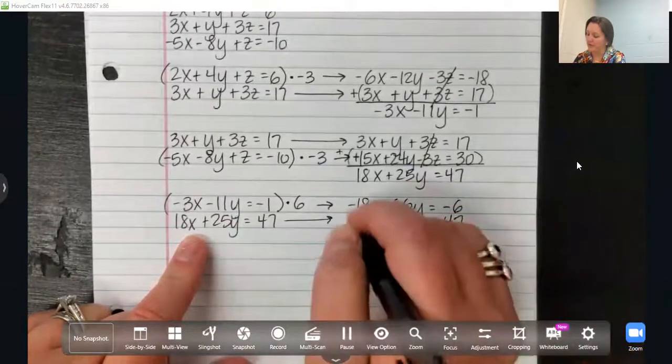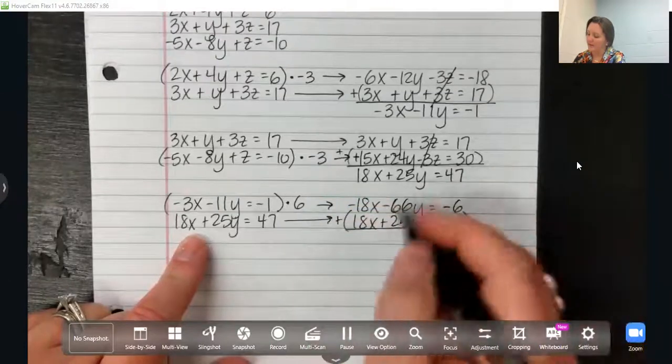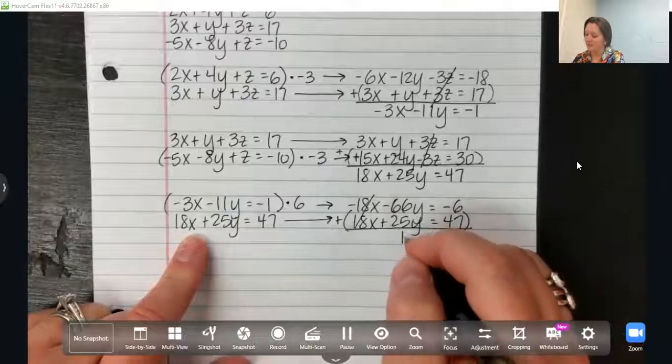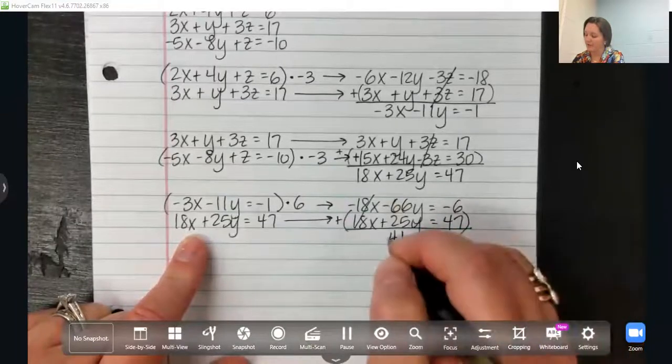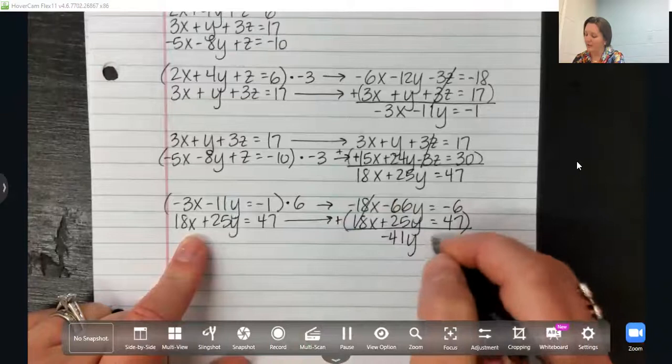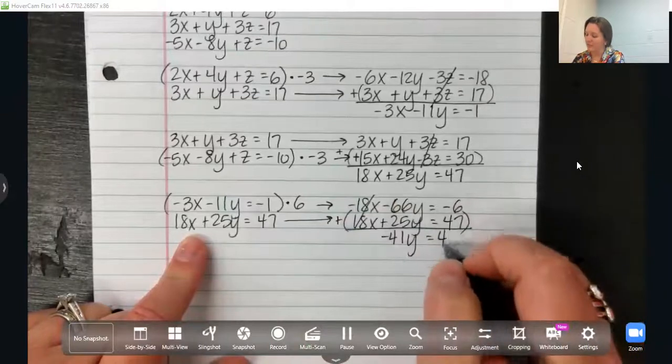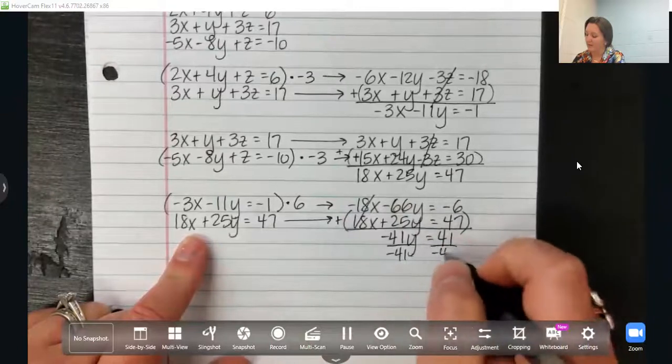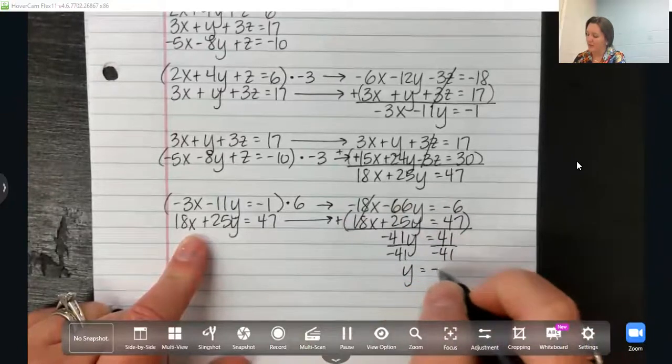And here come our mental math skills. Our x's are going to cancel. Negative 41y equals, oh goody, positive 41. It's going to come out pretty. So y equals negative 1.